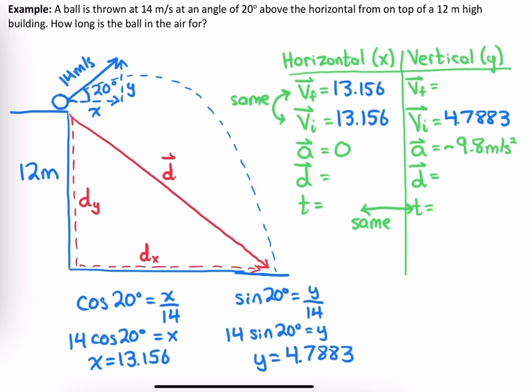So, looking back at this problem, we are asked how long is the ball in the air for? Which means we want to find time. And we can find it on either side because they're going to get the same number either way. But since I only have these three things on this side, that's not a good place to start. So I'm going to have to start on the y side. Here I only know two things, but there's one thing we haven't yet written, and that is the displacement.